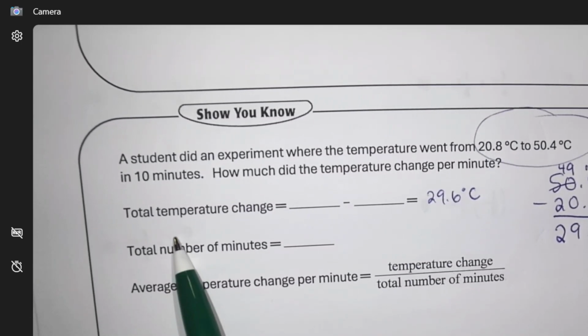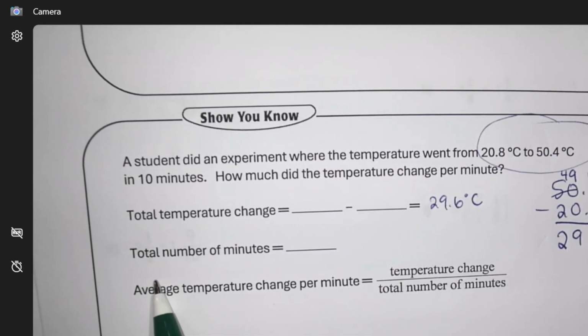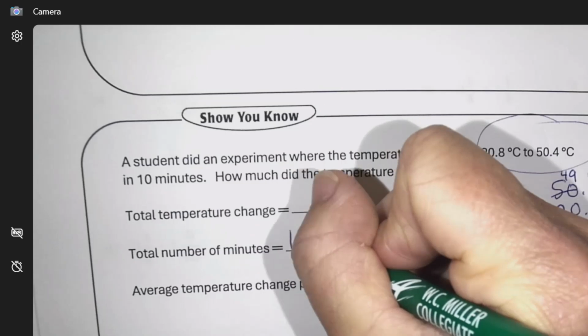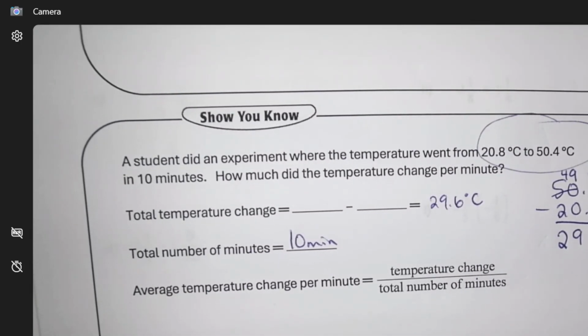Okay, so that's how much it changed in 10 minutes. So I want to know the unit rate, which means how much change per 1 minute.